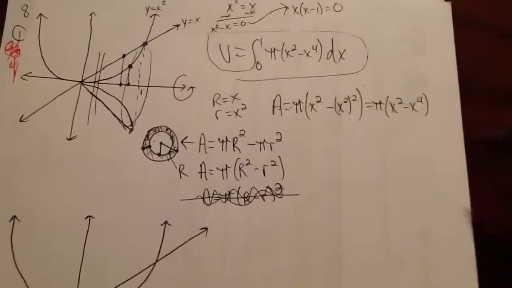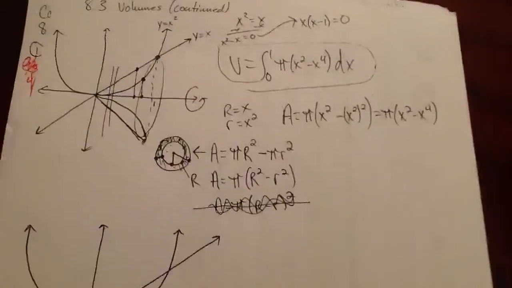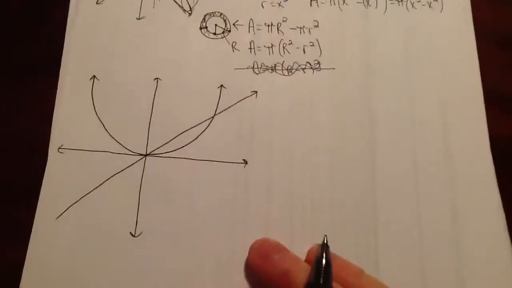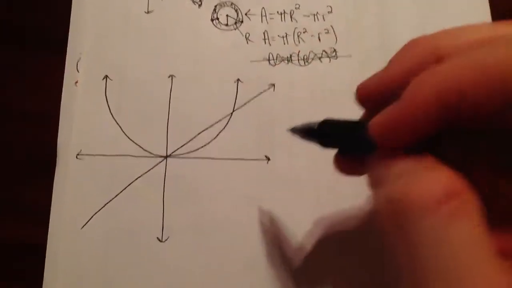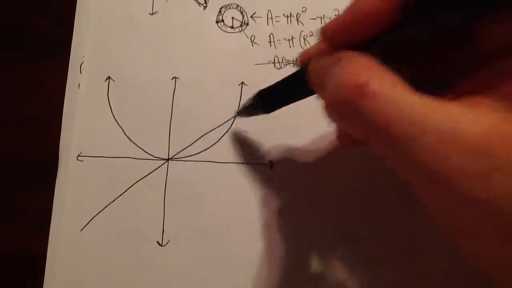Okay, easy enough. It's basically just like what we did before. We're going to do it once more, but now we're going to revolve around the y-axis. I'll go this way. So here's this.